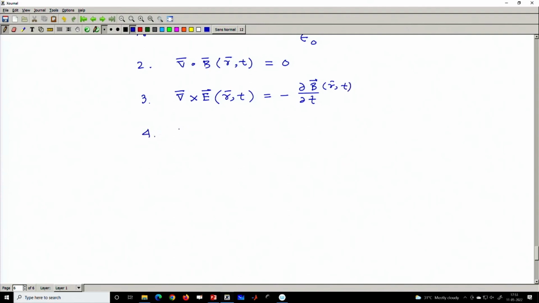And finally, curl of B is mu 0 j, which is a function of r and t. This is the source term, plus mu 0 epsilon 0 del E by del t, a function of r and t.